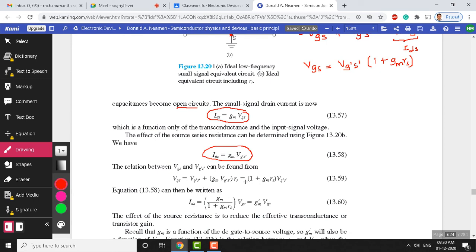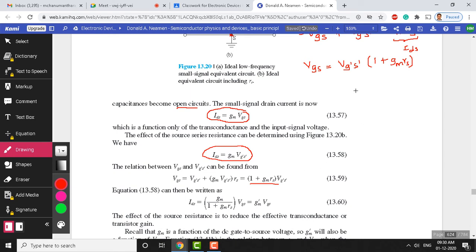The same thing is done here also, right? 1 plus GM times RS times V G dash S dash, and this is the gate to source voltage. Now IDS can be written as GM times, you can substitute here for VGS, and you will get an equation for IDS.